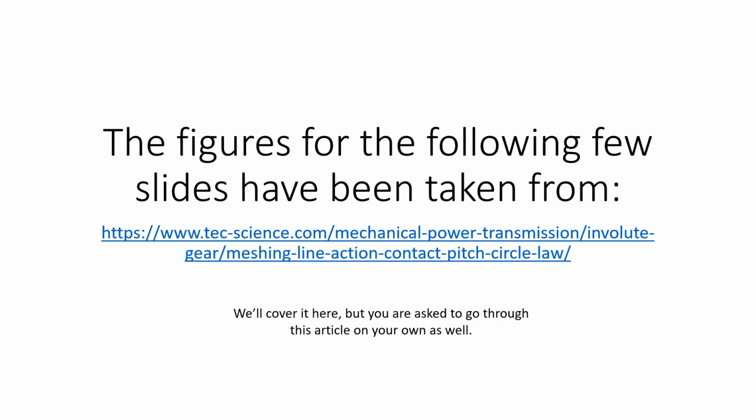In the subsequent discussion, we are going to use a few figures from this source. You're requested to go online and follow this article as well. I'm adding my description on these figures, but these are going to illustrate the necessary terminologies in order to understand geared systems. So let's start this discussion.